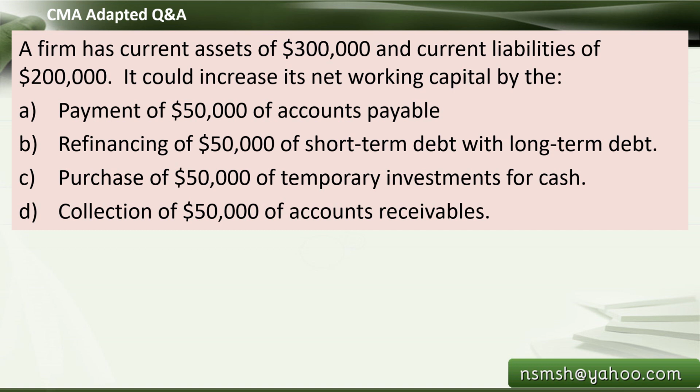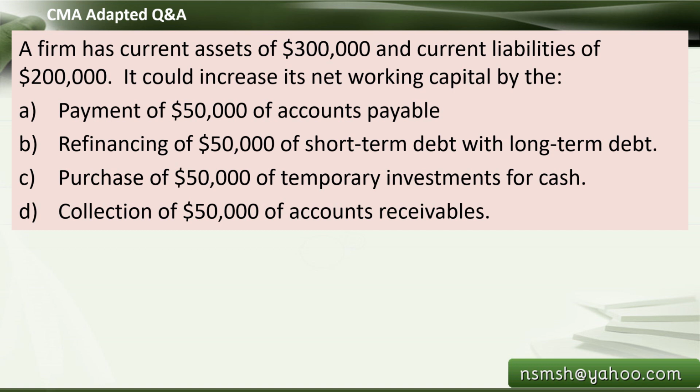That is one. Option B says refinancing of $50,000 of short-term debt with long-term debt. So there is a current liability, and we are paying that back by taking a long-term debt. So current liability is not increased, but long-term liability only increased. Option C, purchase of $50,000 of temporary investment for cash.